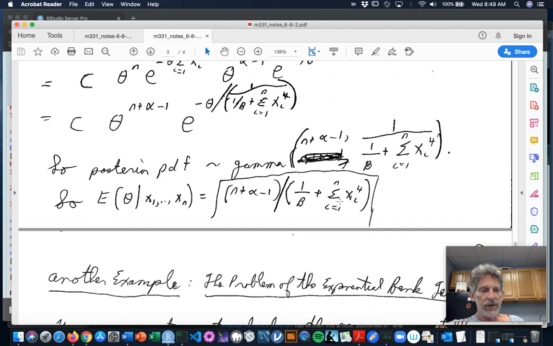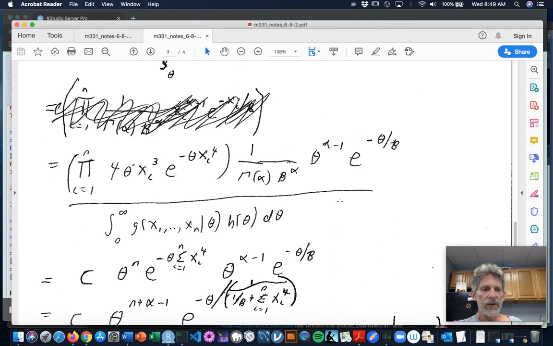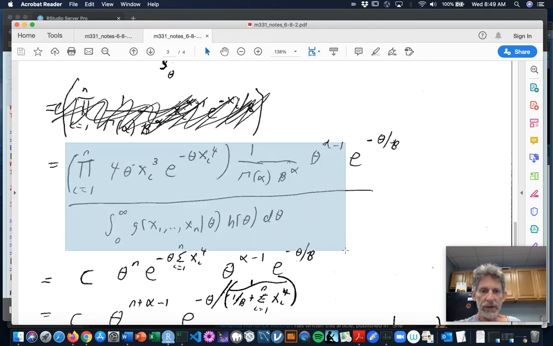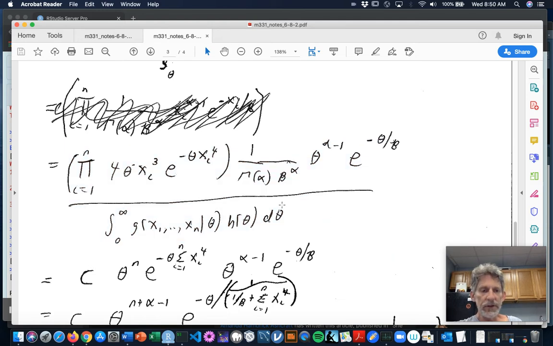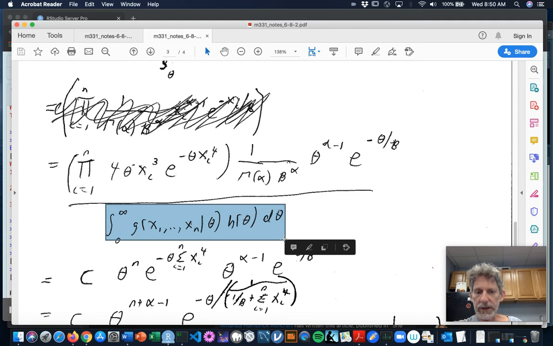Now, fact is that conjugate pairs are rare in Bayesian estimation. And another thing is that when you can't get a familiar distribution for your posterior, when you can't get that to come down to a familiar distribution, then you're just going to have to evaluate it to get the posterior PDF, which means you're going to have to do a nasty integral down here.